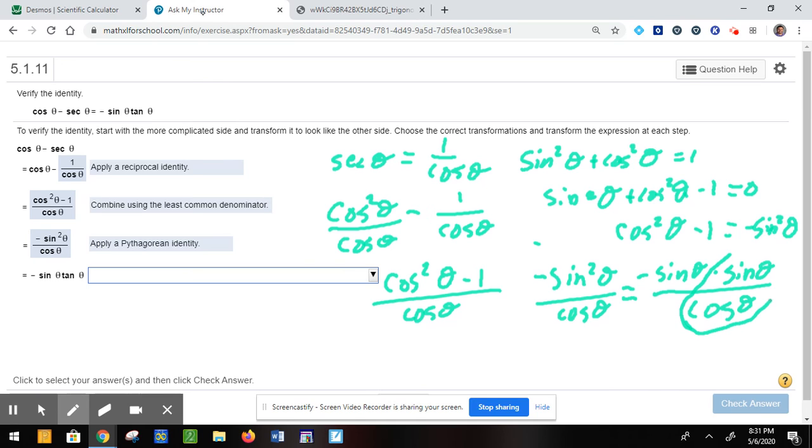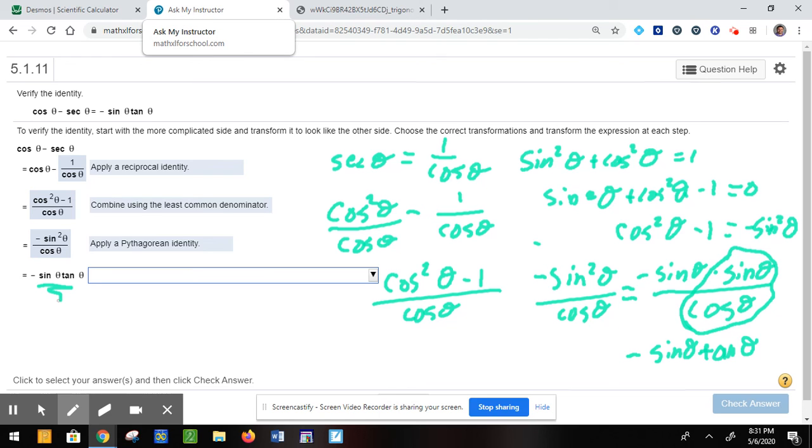If I just focus on this part, that sine theta over cosine theta can turn into tangent theta. The negative sine theta is still there, thus giving you exactly that.